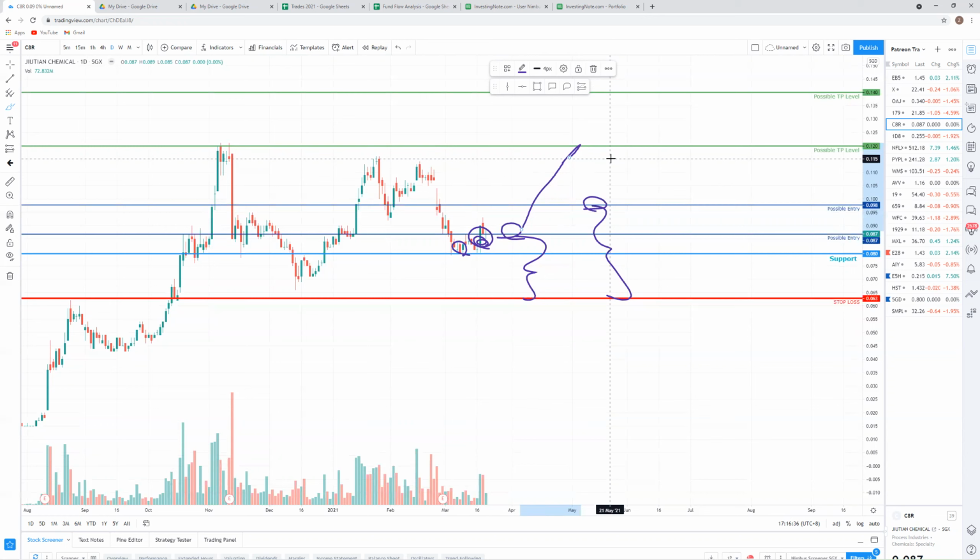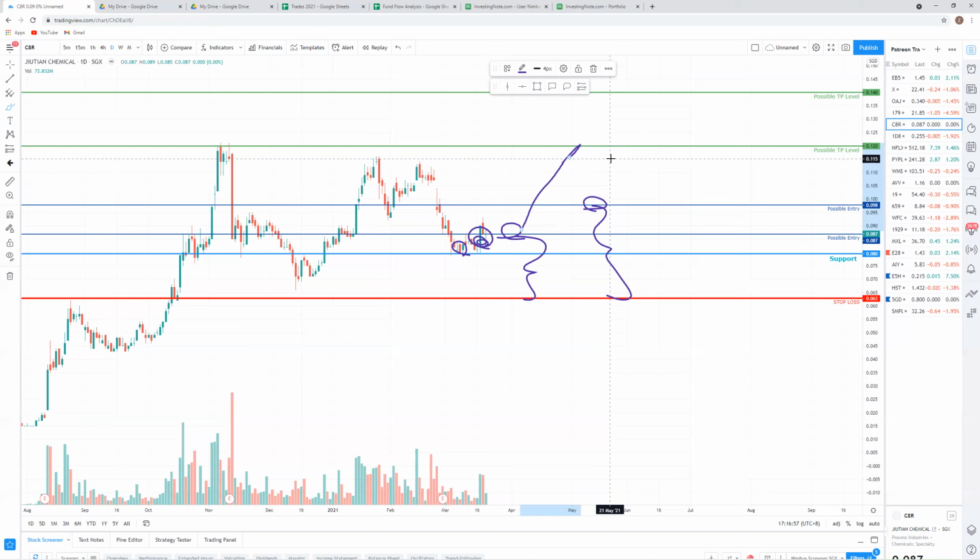So as long as the chart fits the criteria, I will buy. If the chart doesn't fit the criteria, I wouldn't buy. I would not think from the perspective of maybe it's time to look at Singtel or maybe it's time to look at Thai Beverage. I don't look at company names. I look at the chart.